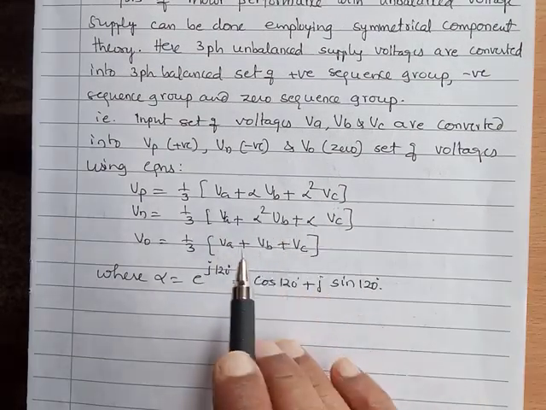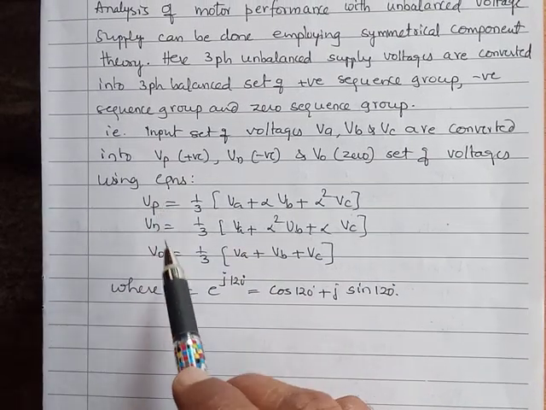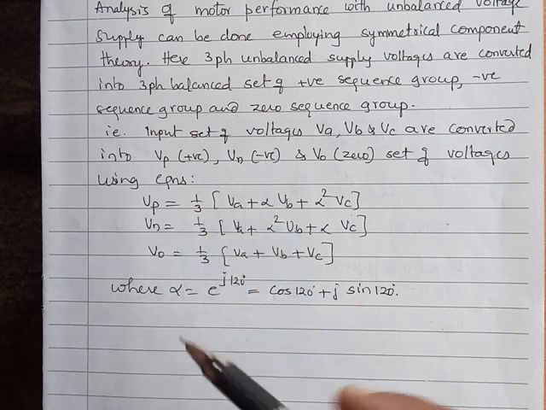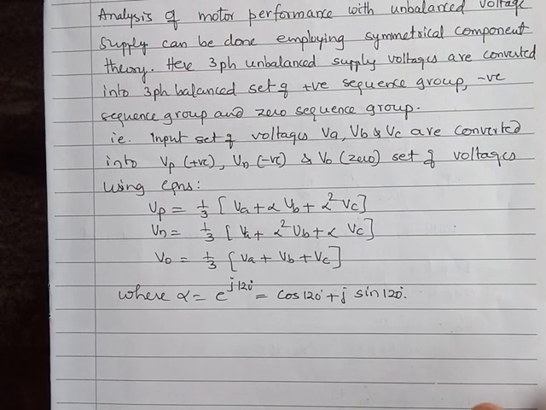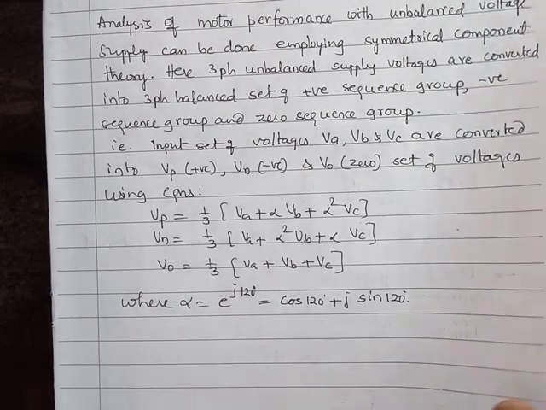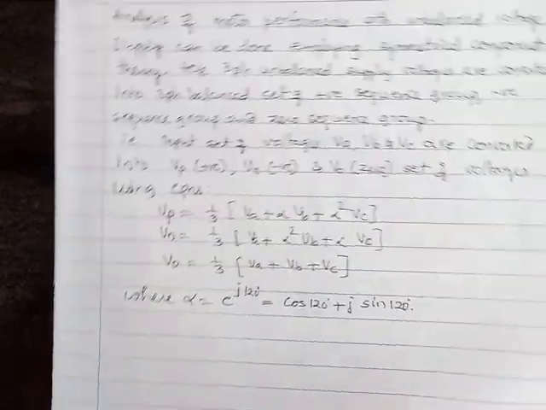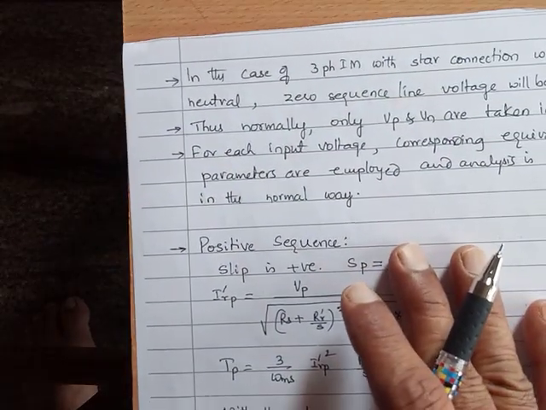Using these equations, we will get three sets of voltages that are balanced, and those three sets of voltages are used for analysis purposes, because the analysis can be done with balanced voltages. So now we have got three groups: positive, negative, and zero sequence.